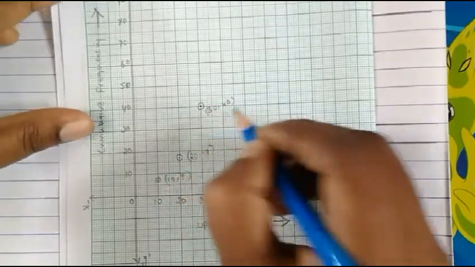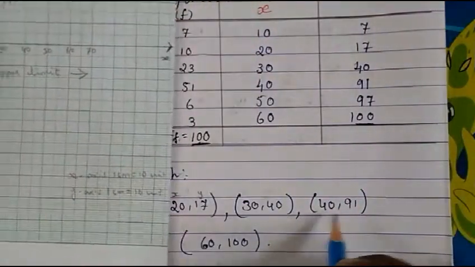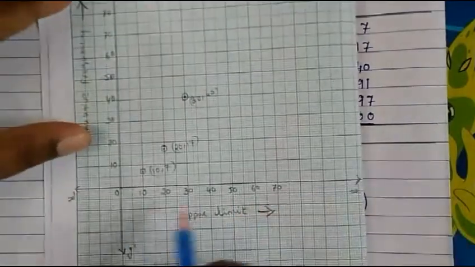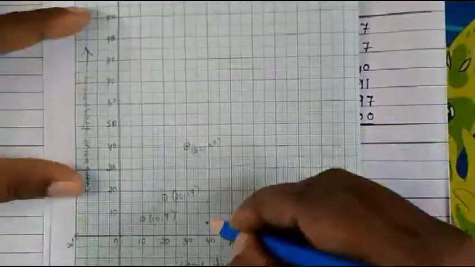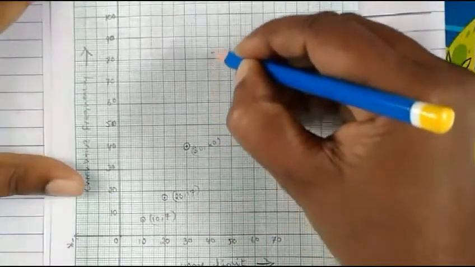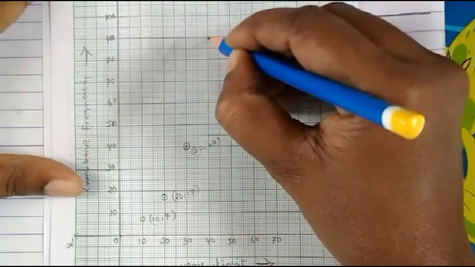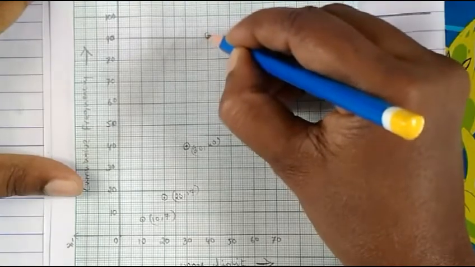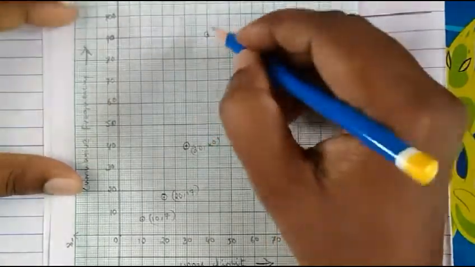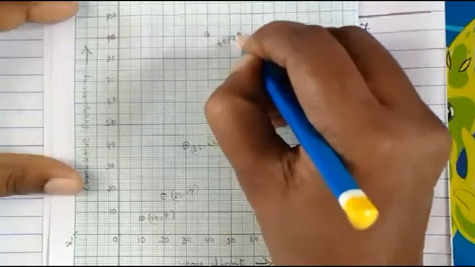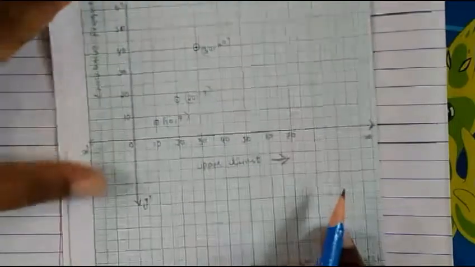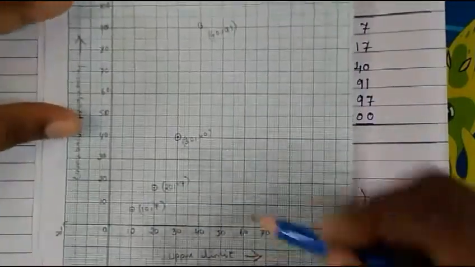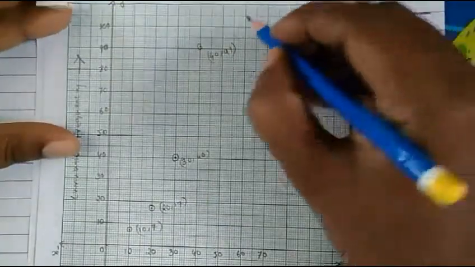Next 40 comma 91. On x, 40 is here and on y, 90 is here, then 91 is here. Next 60 comma 100. 60 is here, 100 is here.